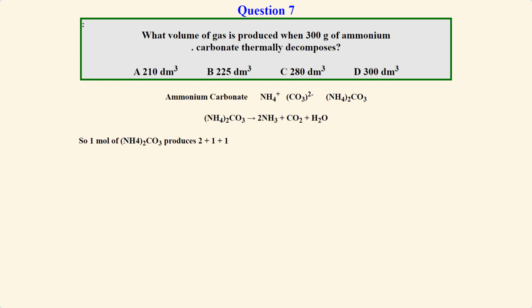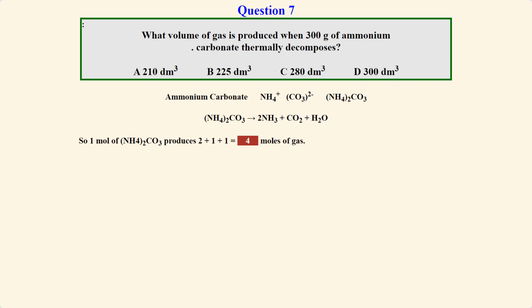So now, if we look at the equation, we can see that 1 mole of ammonium carbonate, when we heat it up, we get 2 moles of ammonia, 1 mole of carbon dioxide, another 1 of gas, and 1 of steam. So the total moles of gas we get are 2 plus 1 plus 1, which is 4.